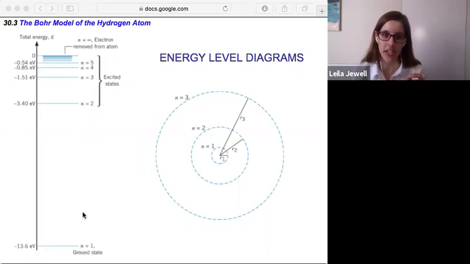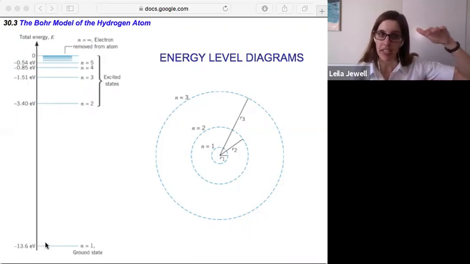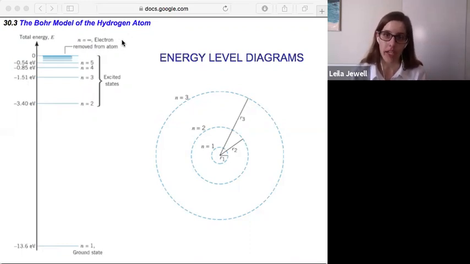If we instead plug in n equals 2, then it's 1 over 2 squared of 13.6, which comes out to negative 3.4 electron volts. If we go to n equals 3, which is another excited state, that's negative 1.51 electron volts. And as n gets bigger and bigger, our energy approaches 0. It goes from being really negative to getting larger and larger until it's at 0. At n equal to infinity, the electron is removed from the atom. It's just not part of the picture anymore.